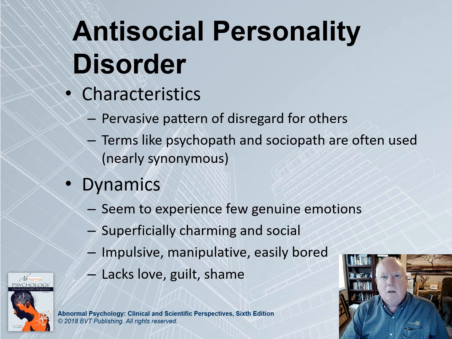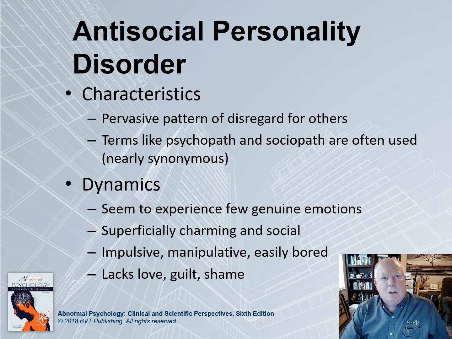This is a particularly interesting disorder because the researchers, and there are about a dozen major researchers in the entire world who focus almost exclusively on antisocial personality disorder, they flat out refuse to use the DSM to define their group. They basically say that the DSM missed the mark. Let me explain the idea behind this.